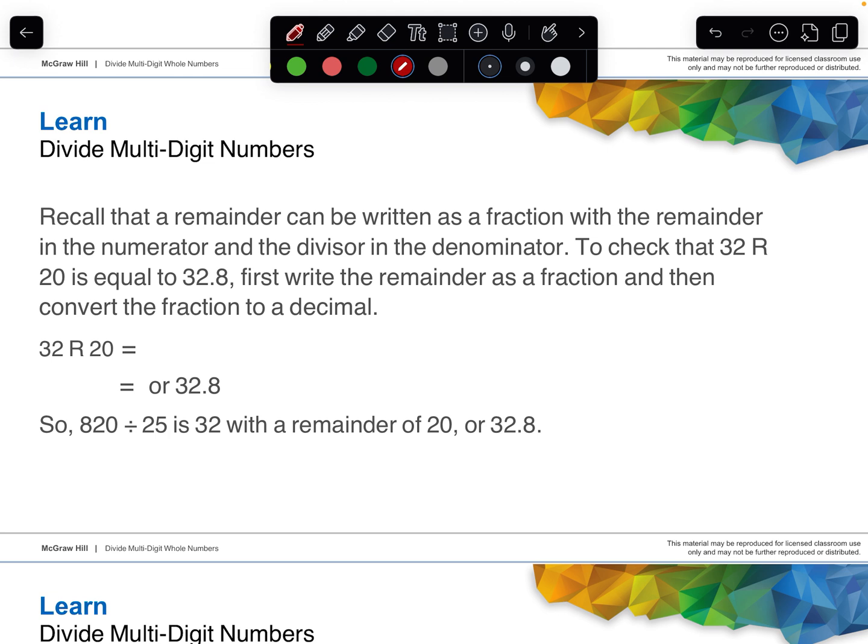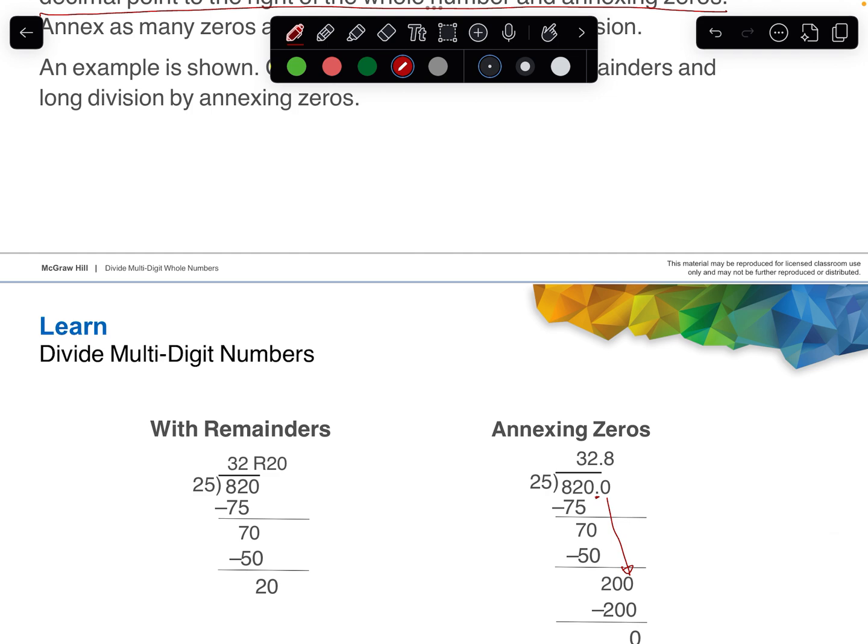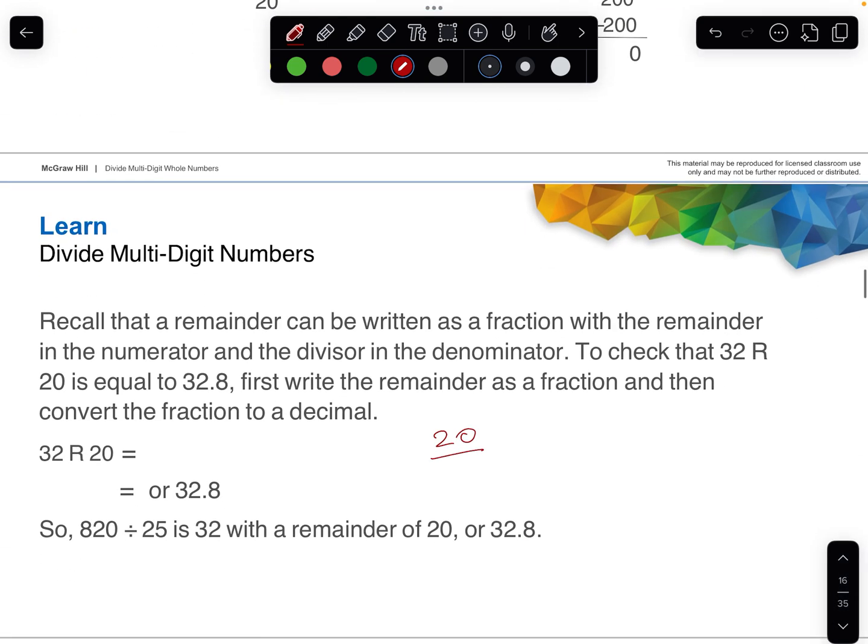Our fraction here would be 20 divided by, what was our original divisor? 25. 20 divided by 25 is the same as 80 divided by 100, which is nothing but 0.8. So 32 remainder 20 can be written as 32 plus 20 over 25, or 32 plus 0.8.